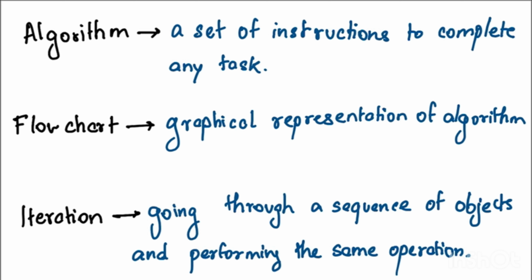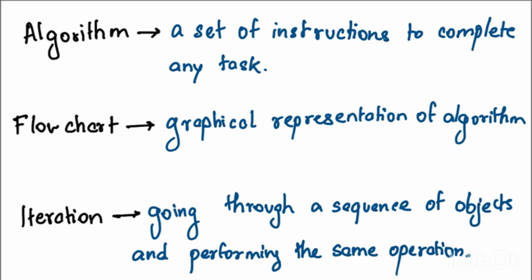For example, if there's a bunch of people and I tell you to count them, you count each one by one, adding a number to your count each time: 1, 2, 3, and so on. You're repeating the same step on each person. That is iteration. If you don't understand this right now, you'll get used to it as we go through the course and the flowcharts.